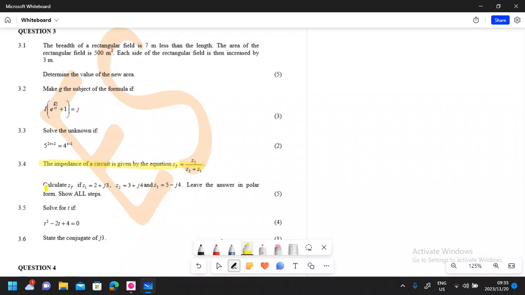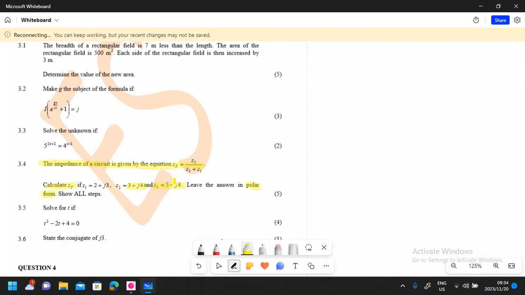So they say to calculate Z total if Z1 is equal to 2 plus j3, Z2 is equal to 3 plus j4, and then Z3 is equal to 5 minus j4. And then they want you to leave the answer in polar form.